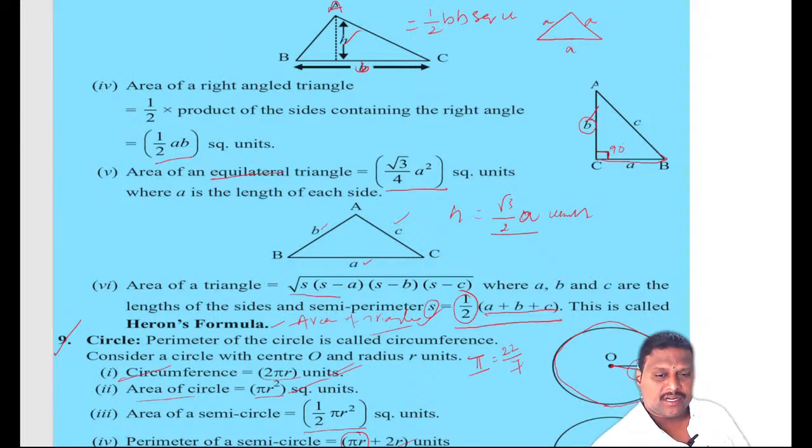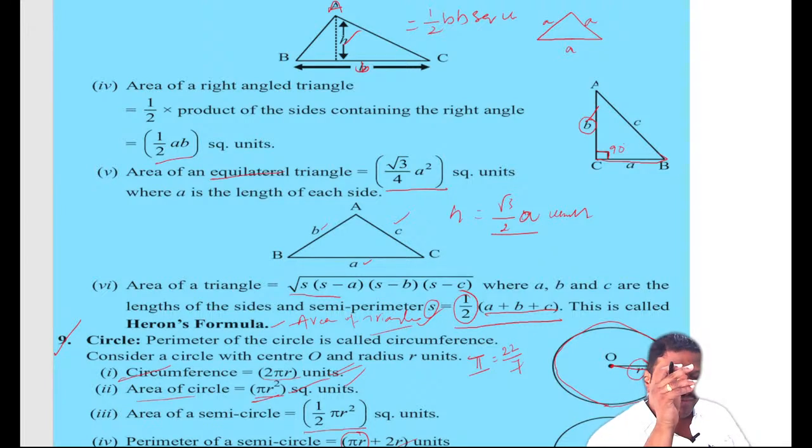Area of the circle is pi r square units. What is r here? Radius. What is meant by radius? The distance from the center to any point on the circle is called the radius. Clear?